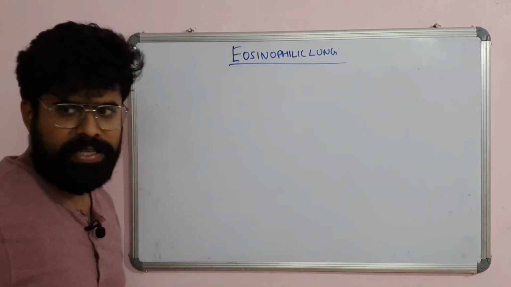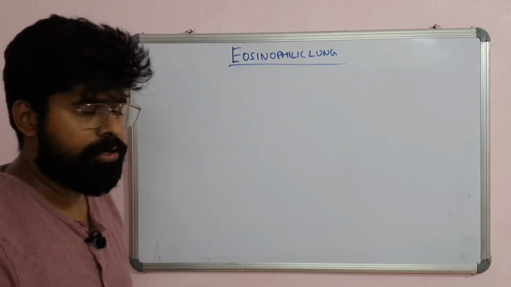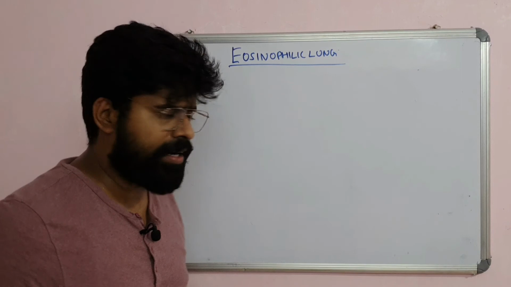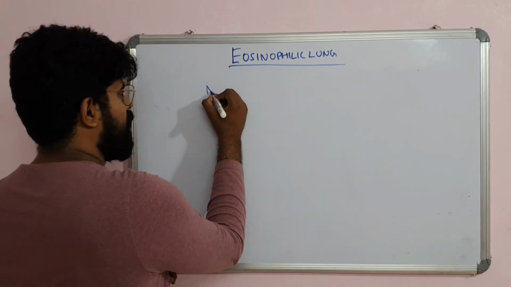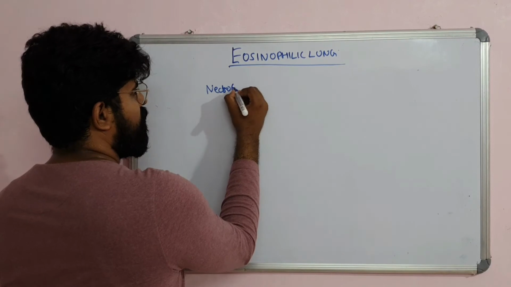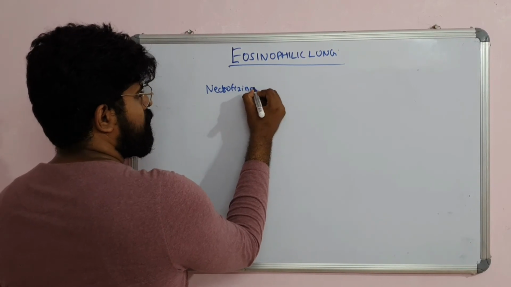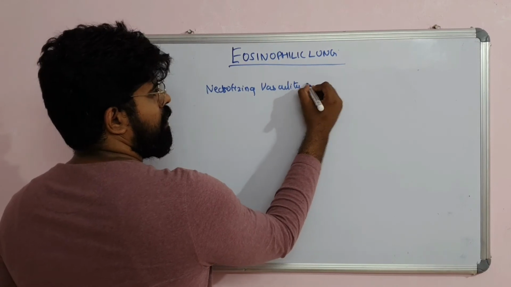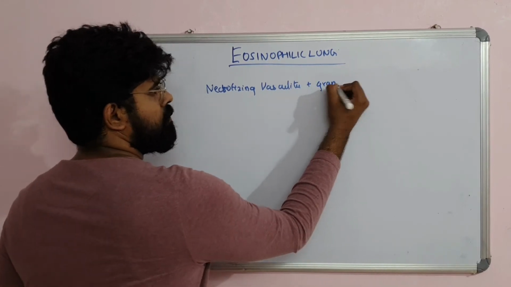The third one is allergic granulomatosis, Churg-Strauss syndrome. As we all know, it is a small vessel vasculitis: a necrotizing vasculitis with granuloma formation.